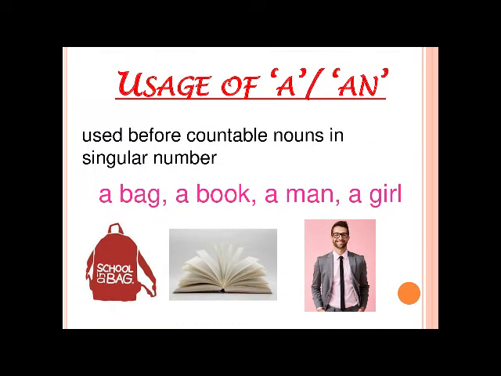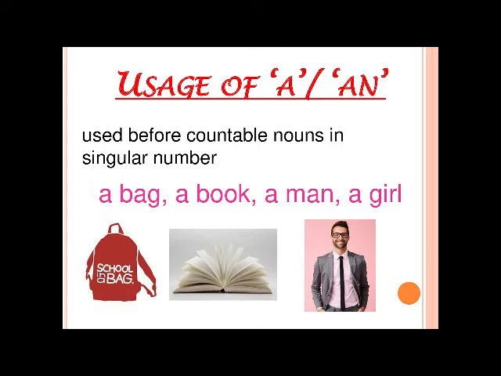Now let's move on to the usage of a and an. A and an are used before countable nouns in singular number. Now two things are to be kept in mind here. First one is that a and an will be used with countable nouns, as we cannot count uncountable nouns, that's why we will use these with only countable nouns.